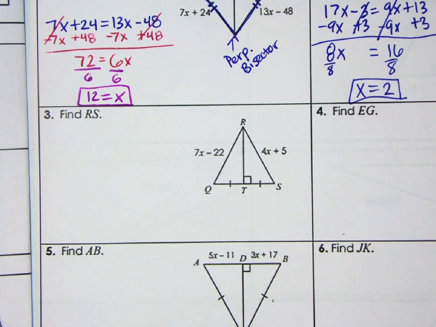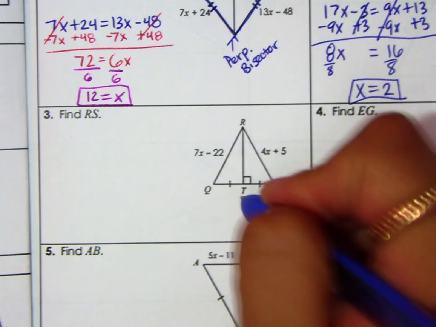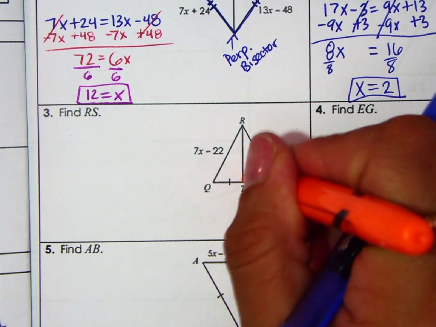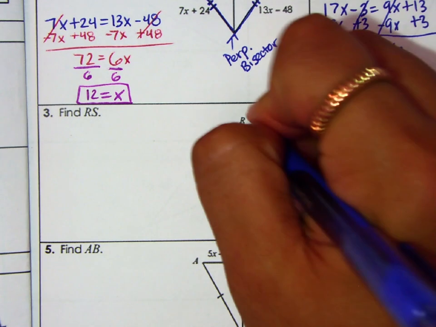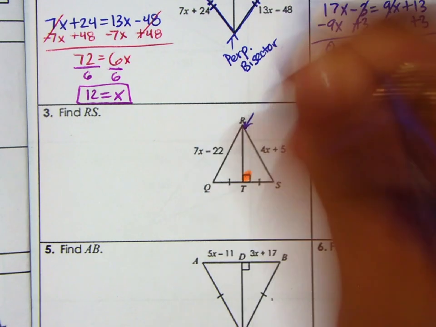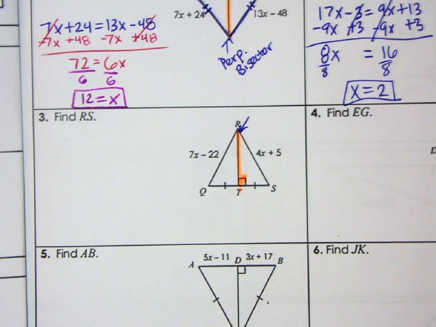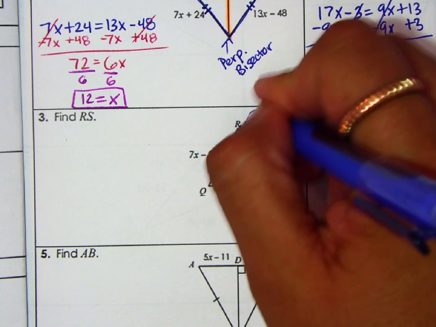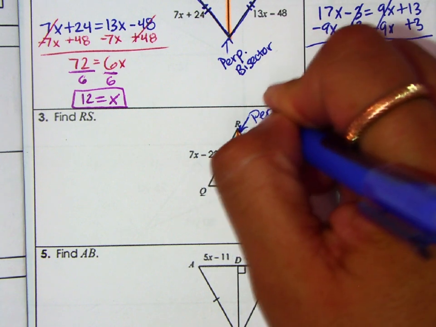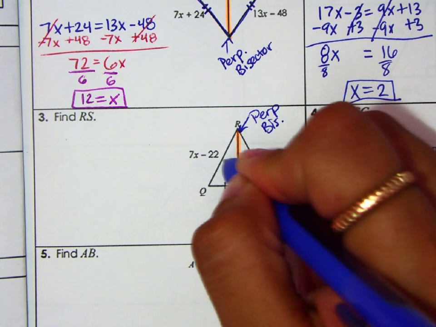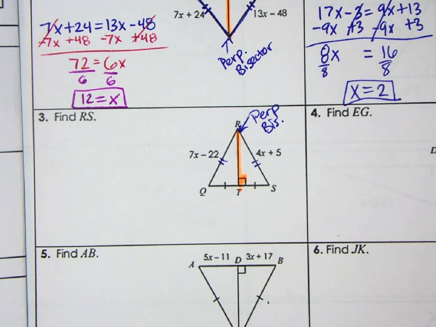On this one, you can pause the video anytime if you want to try this on your own, and then press play to check that you did it right. Here's the 90 degree, which means that this line right here, let me just highlight the line. Those are your perpendicular bisectors, which means that these 2 side lengths are equal.